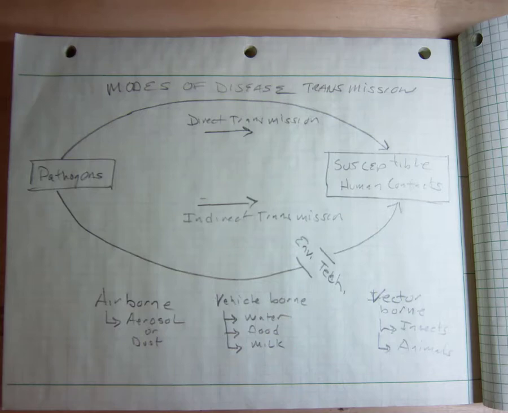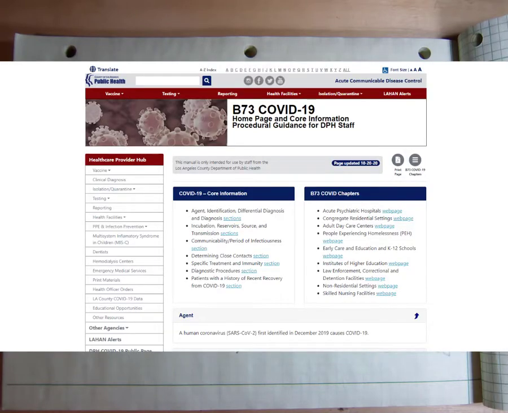To summarize again, pathogens are transmitted either directly or indirectly. The direct modes of transmission, for example, are through direct contact, by touching, or through some type of droplet or spray, which could be a sneeze or just a person exhaling micro droplets, as in the case of COVID-19.